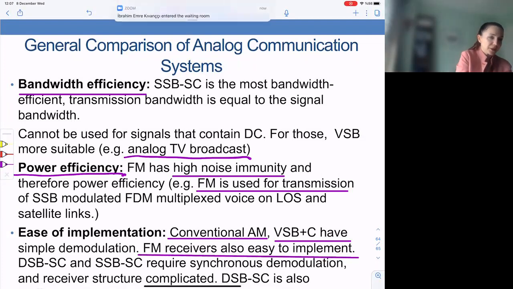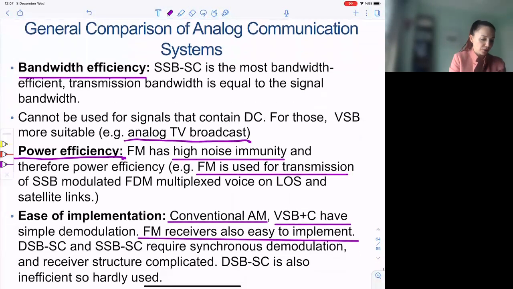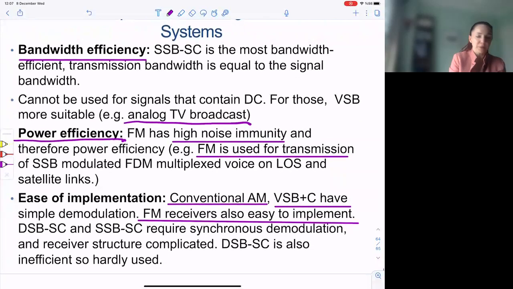Double sideband suppressed carrier and SSB with suppressed carrier require coherent detection, so they may be a little bit more complicated. Double sideband suppressed carrier is also inefficient in terms of bandwidth, so it is hardly used.